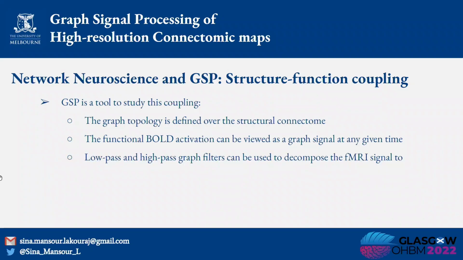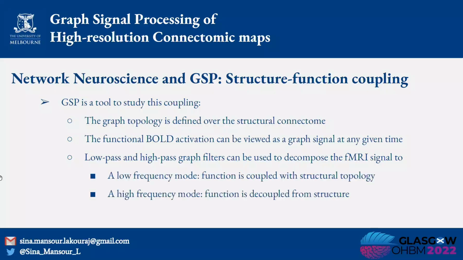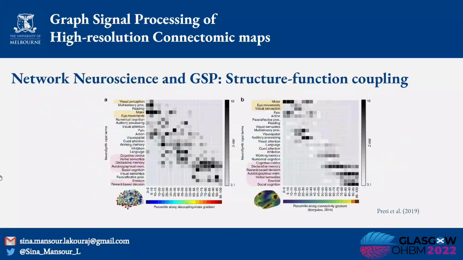We could then use filtering to divide this graph signal into two different parts. A low pass filter will give us a low frequency mode, which is the part of the function that is closely coupled with structural topology. We also get a high frequency mode, which is the part of the function that is more decoupled from the underlying structural connectivity.